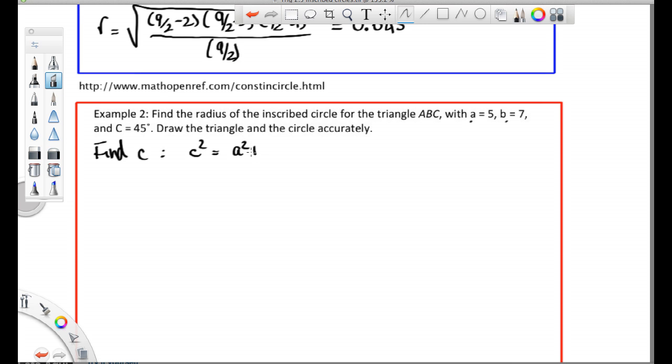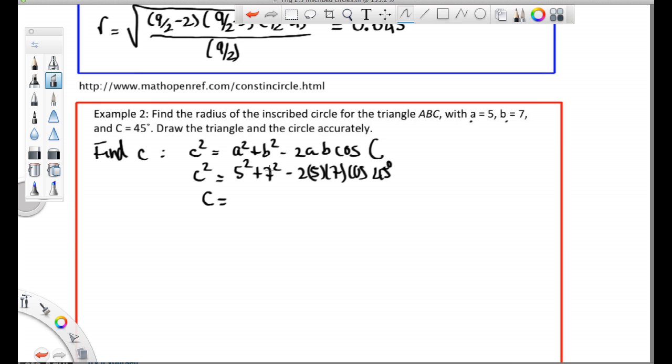So c squared is a squared plus b squared minus 2ab cosine C. You know all those values other than c squared, so it's 5 squared plus 7 squared minus 2 times 5 times 7 times the cosine of 45, and when you put that in the calculator and you take the square root, you end up with 4.95.